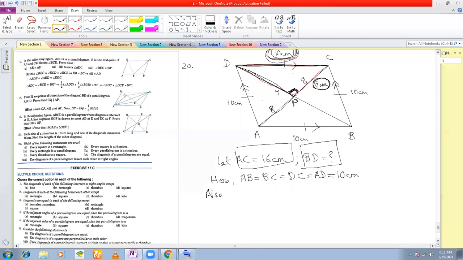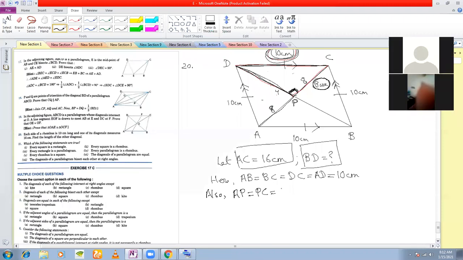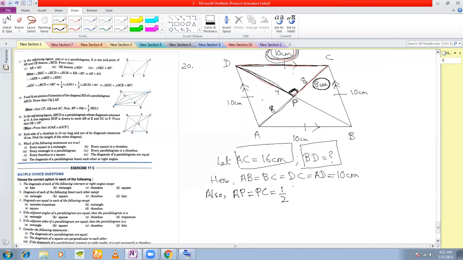Also, we'll write AP is equal to PC is equal to half of AC, which is half into 16, which is 8 centimeters. So I've got this length as 8 centimeters and this length as 8 centimeters. 16 I have simply divided by 2 to get 8.